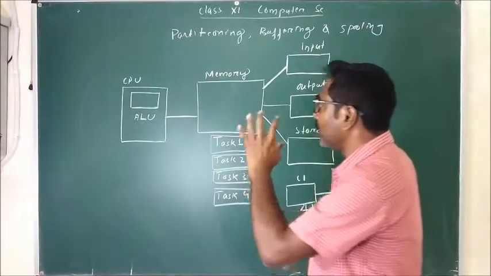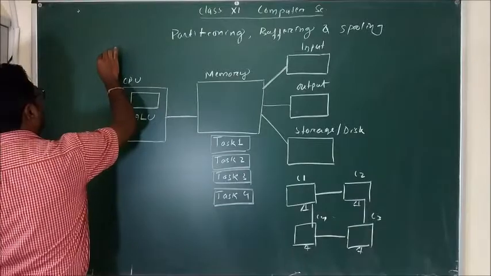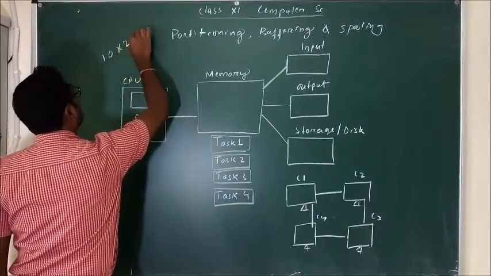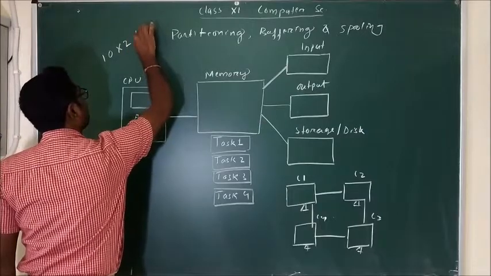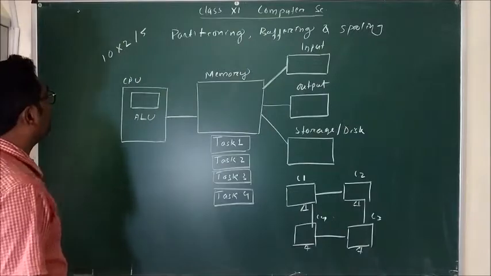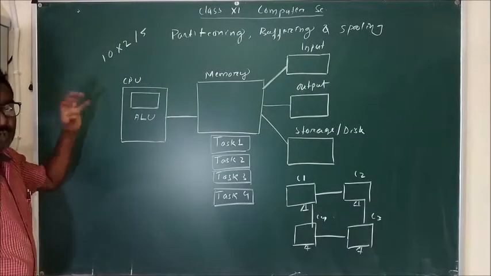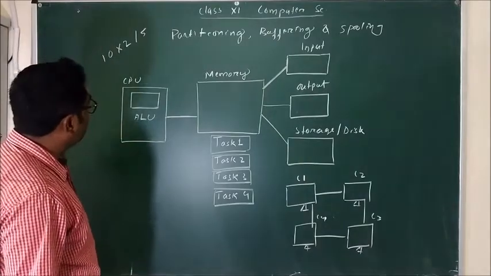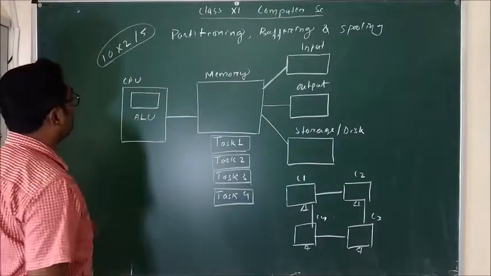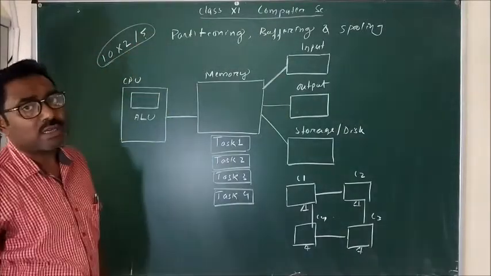Whatever we are going to calculate, suppose for a simple calculation I am doing 10 into 2 divided by 5. Suppose we want to do this calculation, then what happens? The complete expression is known as an instruction, and the 10, 2 and 5 are known as the data.